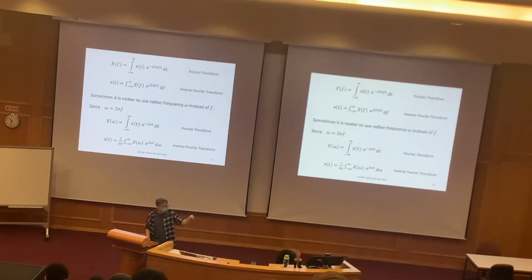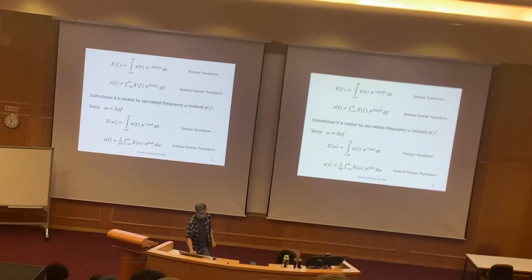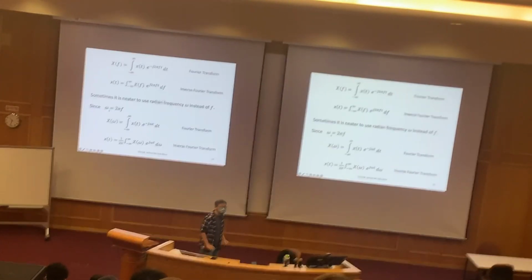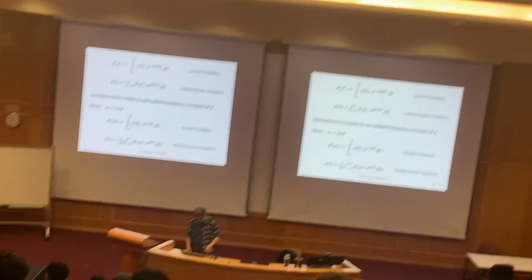But every round is 2 pi, so 2 pi times f is how many radians per second. That's the angular frequency. So sometimes instead of 2 pi f, we will write omega here. These are some of the things that you need to be familiar with.